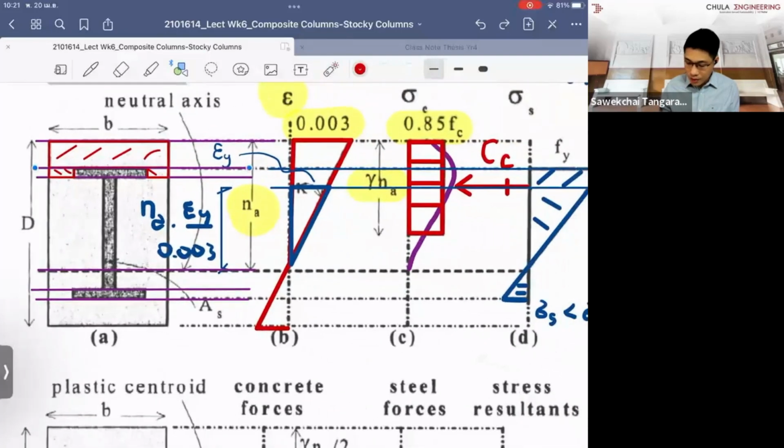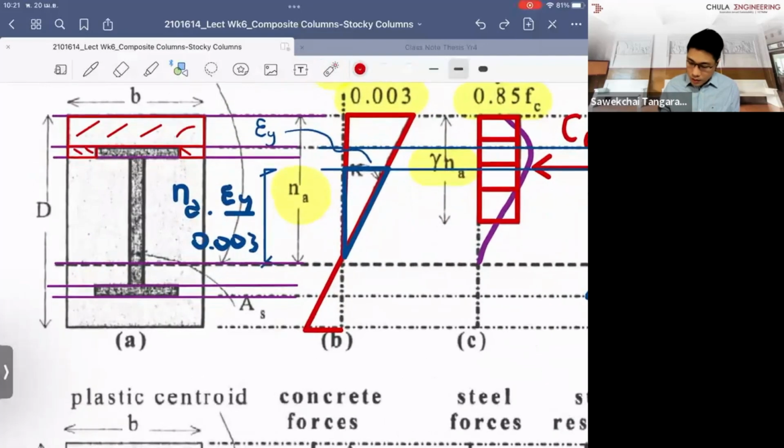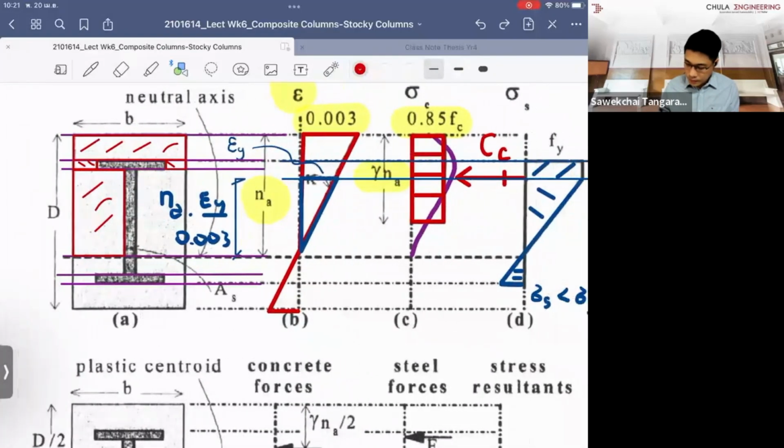And you use these areas times the value of the stress you have in this diagram, which is 0.85 f'c. When it goes to the web part of the steel, the area of the concrete will be two rectangles. This is one, and the other one, let me adjust this.